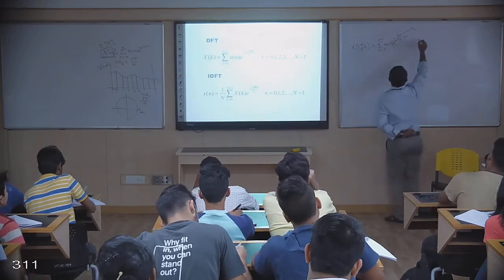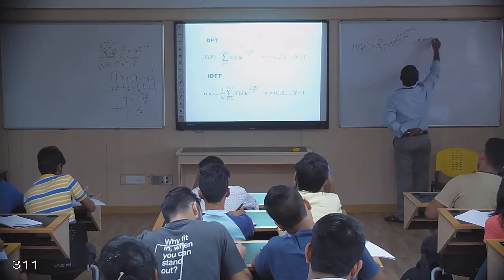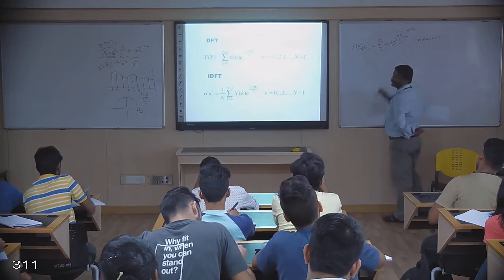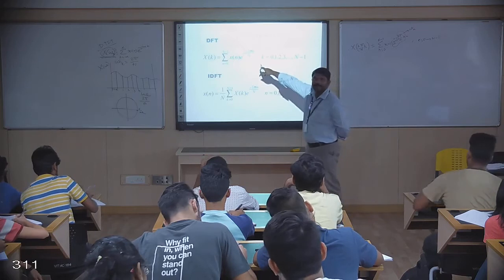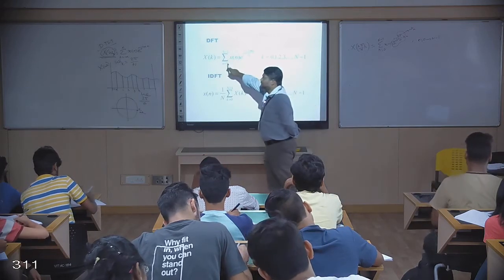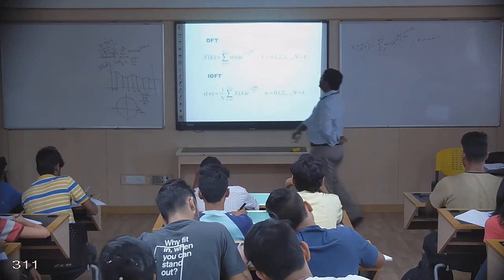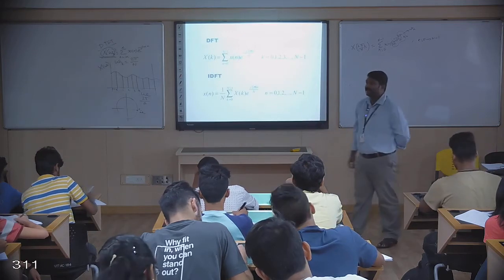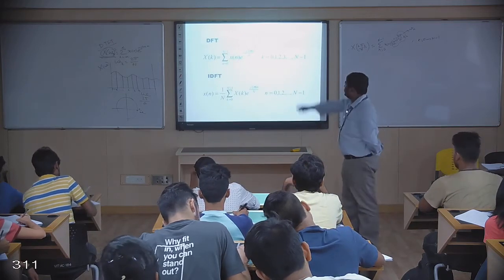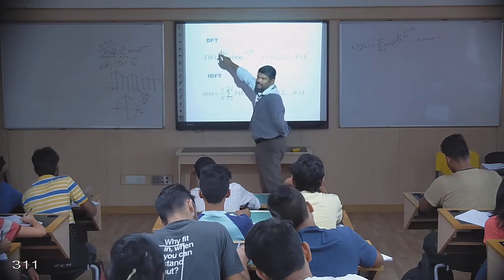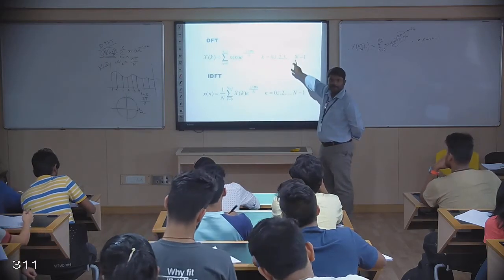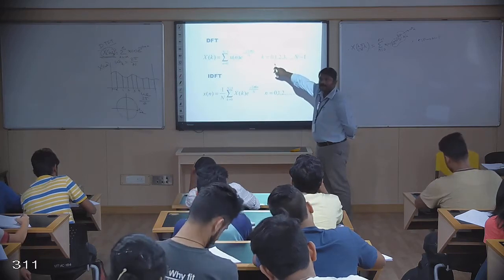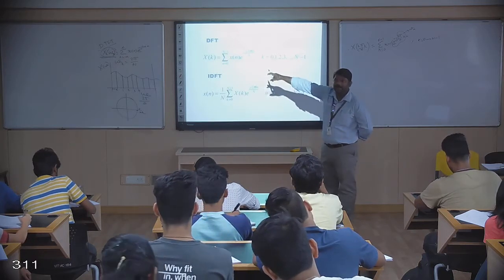So here the k will be 0 to n minus 1. So that is your DFT. So DFT is summation n 0 to n minus 1 x of n e power minus j 2 pi by n into kn, where n is taken care of by the summation, k you have to write. So k will be 0 to n minus 1. So this k is also part of your DFT formula.